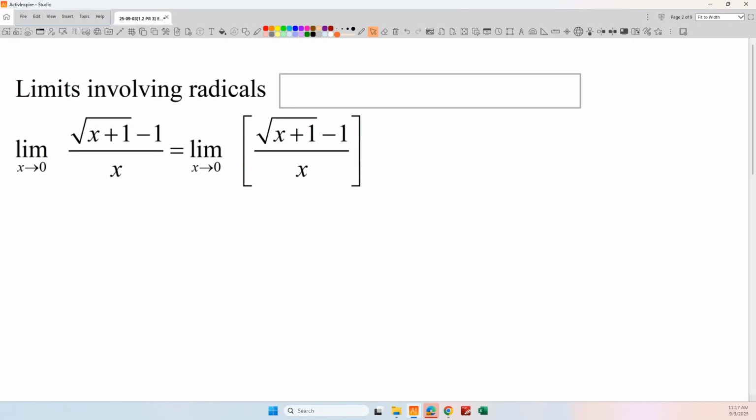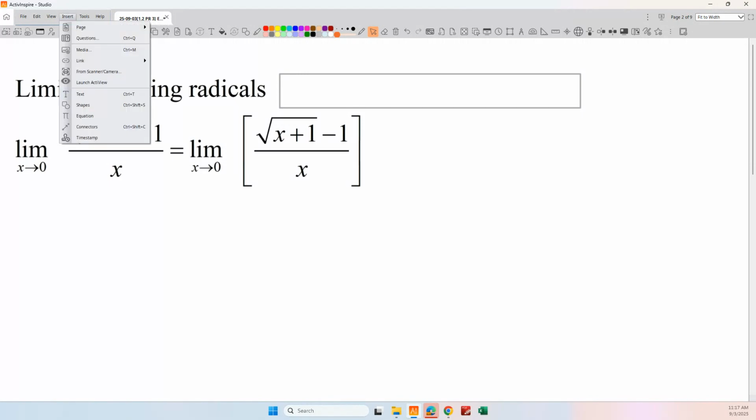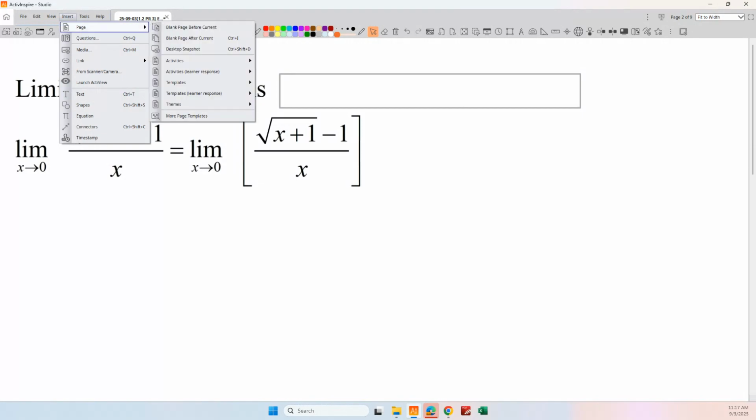Suggestions. Okay, that's not a bad suggestion, the idea of squaring something to get rid of a radical. However, squaring something is not a legitimate algebra step, because it's going to change the values of things. I'll give you an example.